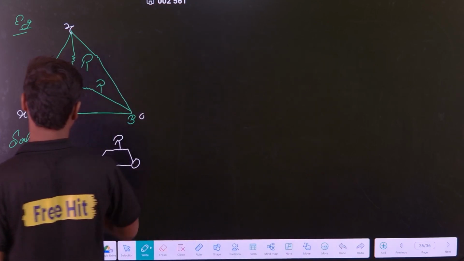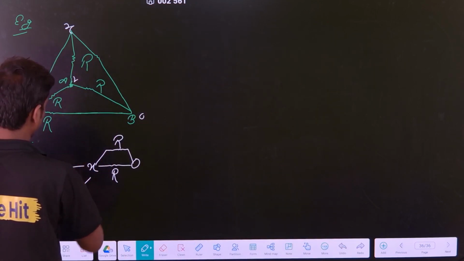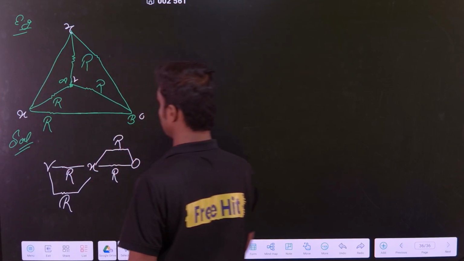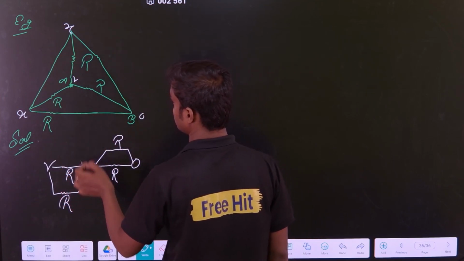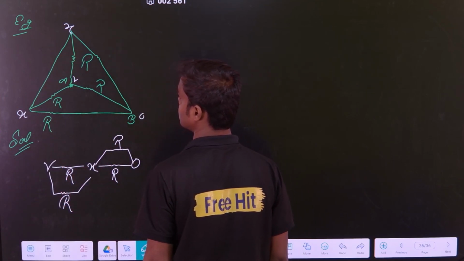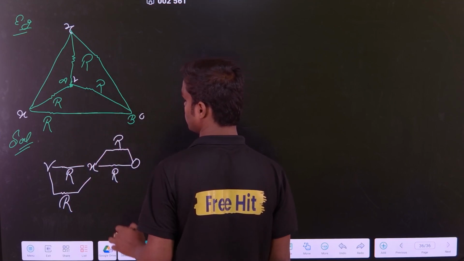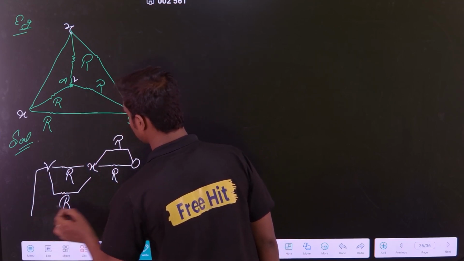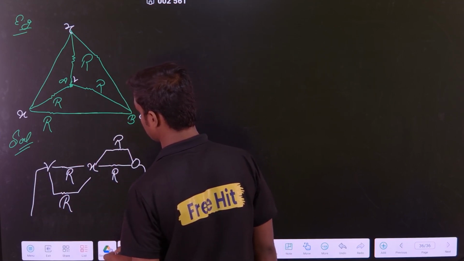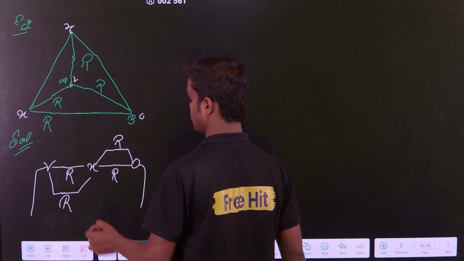So let us see how many resistances there are: 1, 2, 3, 4, 5. Which one is left? Between V and 0, we have one more resistance.